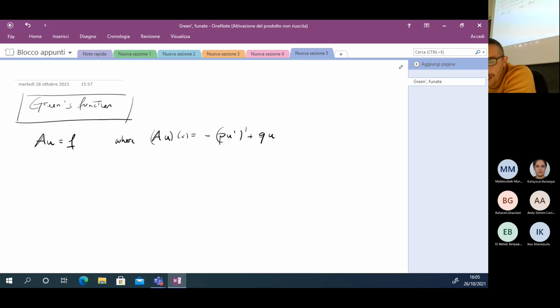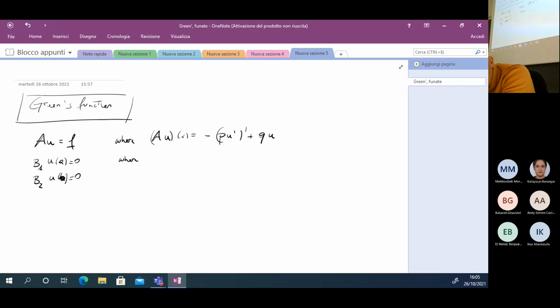And then I have generalized boundary conditions that I will write as B1 u(a) = 0 and B2 u(b) = 0. These are also defined in operator notation.